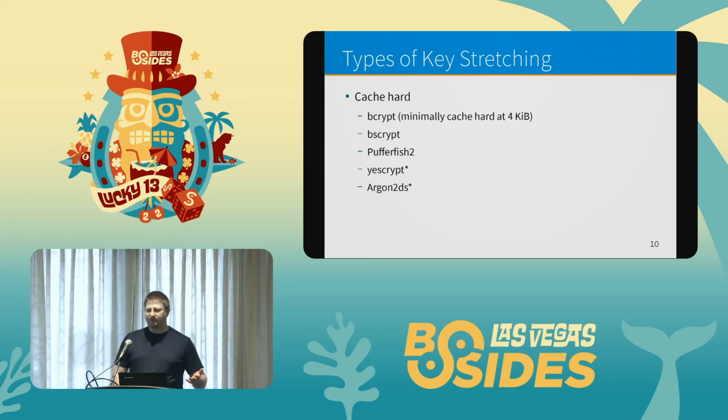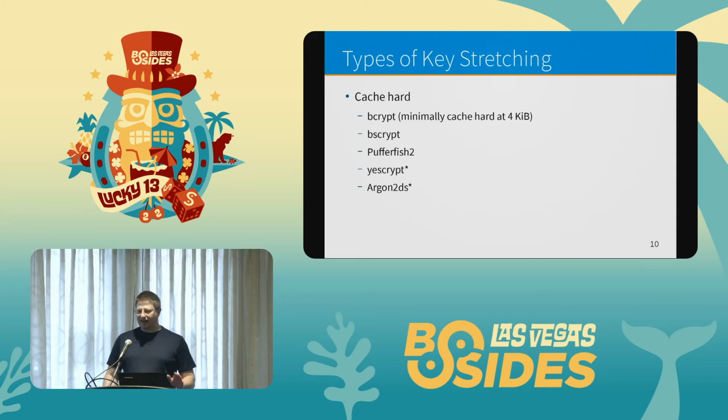Then Pufferfish2. Pufferfish was submitted to the password hashing competition, and then I forget exactly when it changed. I think it was in the tweaking round or something like that. But we'll also be comparing that, yescrypt and Argon2ds. Those are memory hard algorithms that have this extra thing where they do some cache hard operations.